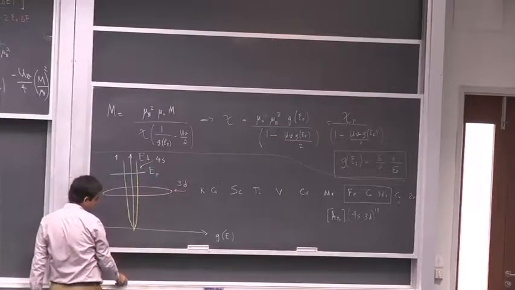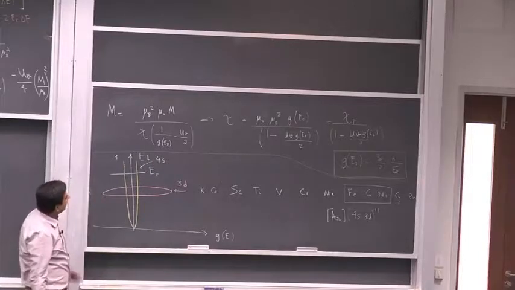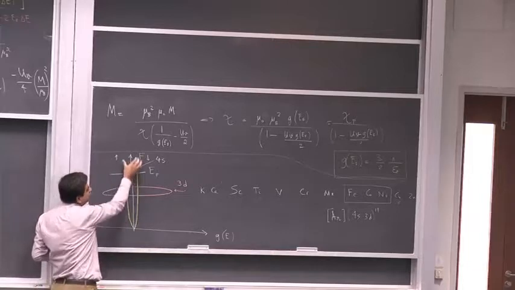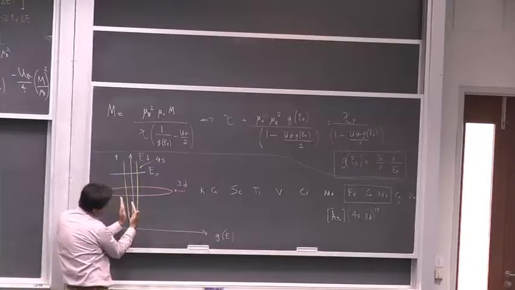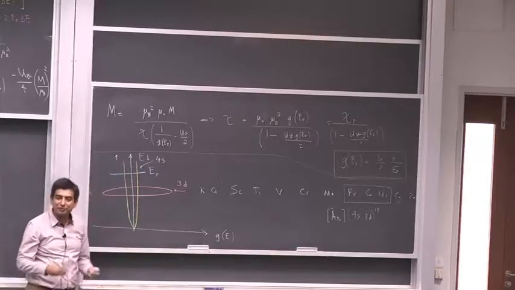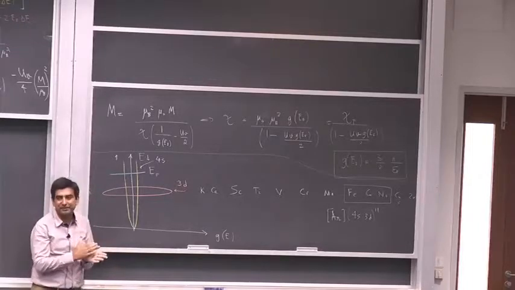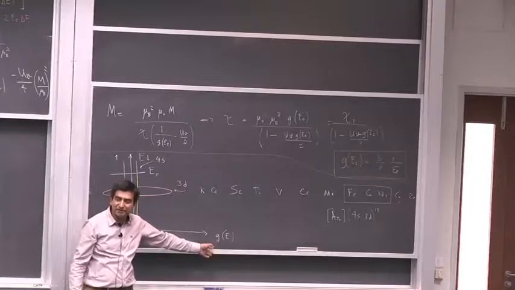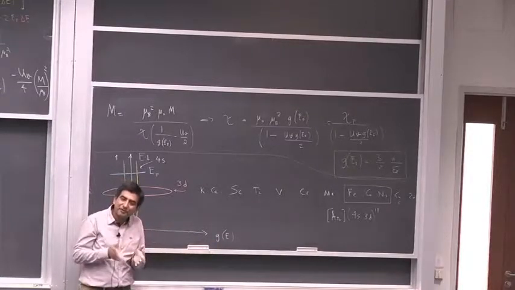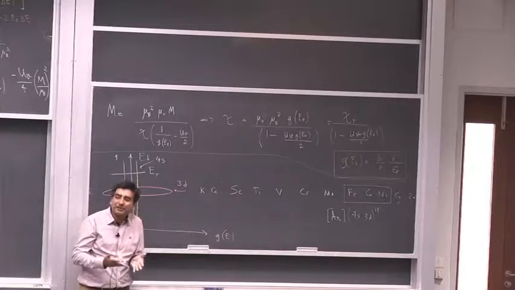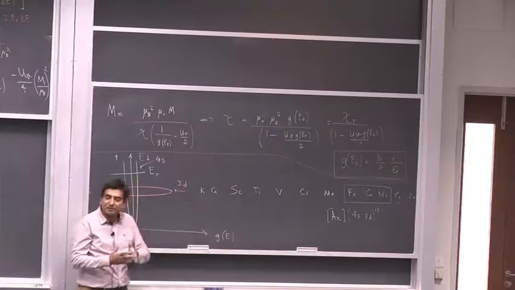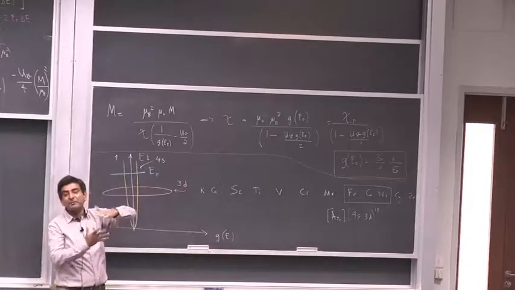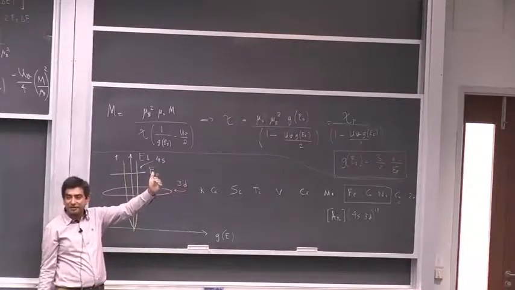I'm going to show you real bands as well. Now the Fermi level lies here. The 4s band has a big bandwidth, but the density of states is really small because only 2 electrons can go into this band. But the bandwidth is large, which means t, the hopping parameter, is large.